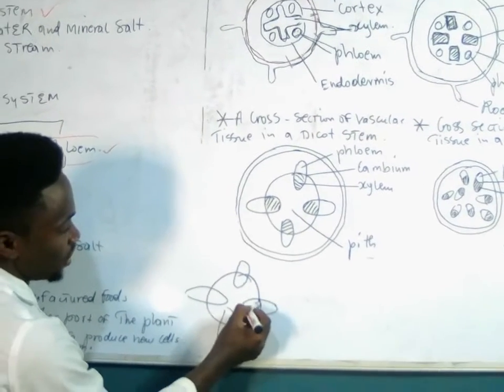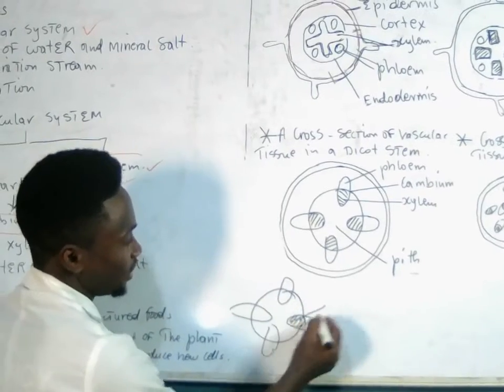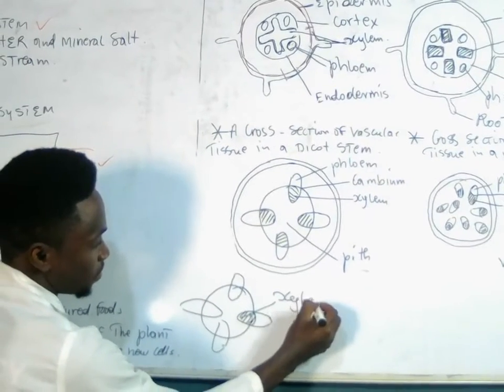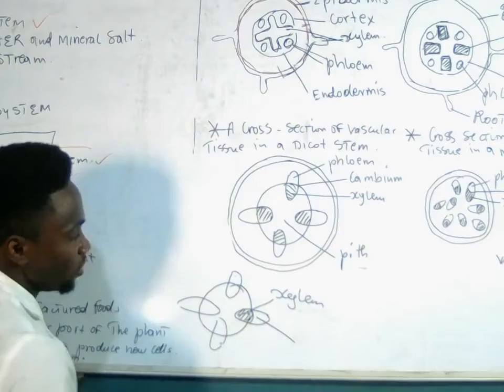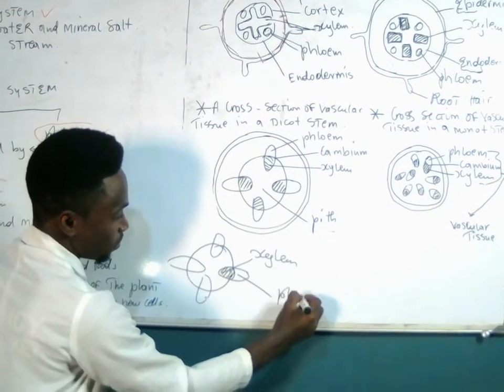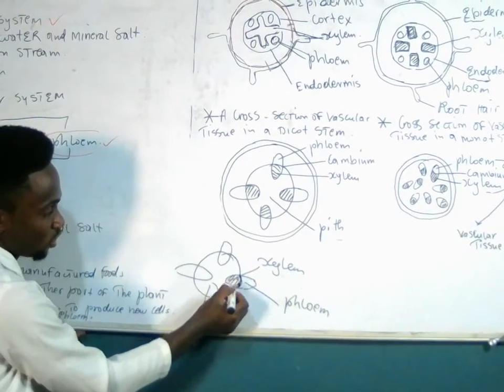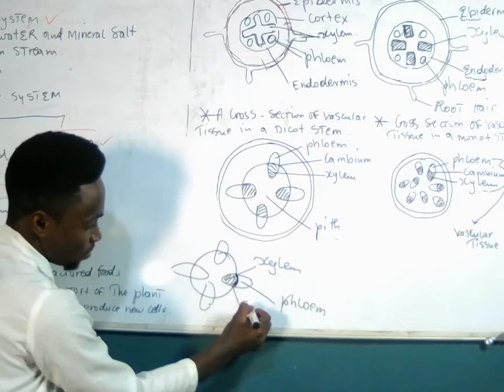The one which is shaded will be our xylem. The one which is not shaded will be our phloem. Then in the middle, remember we have what? Cambium.